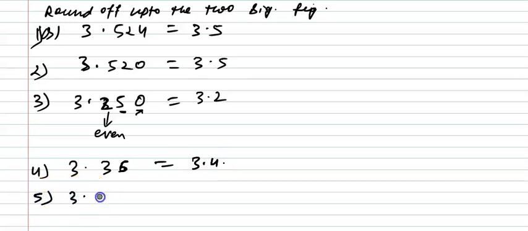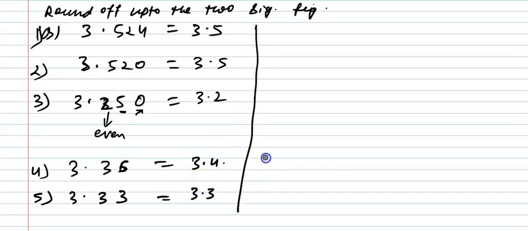5.1. This is 3.33. Round off up to two significant digits. 3.3. Getting it, everyone? Yes? Now let's take it over here, 3.251.